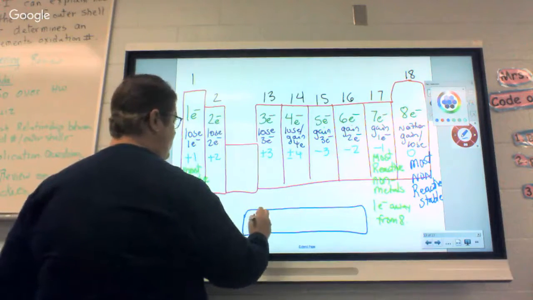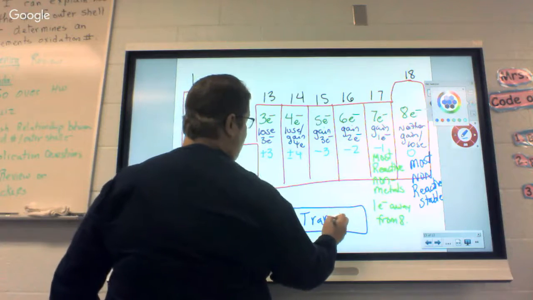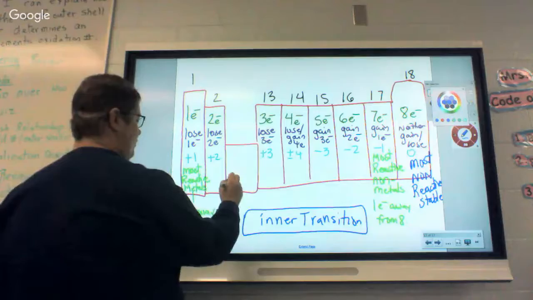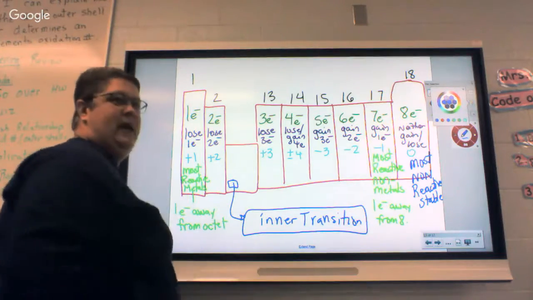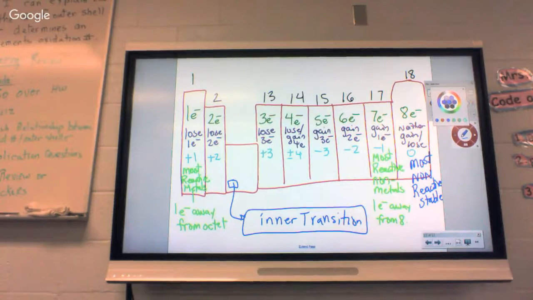So this down here is an inner transition metal because it came from inside the transition metal. They were cut out of that little spot right here and moved down. That's what they mean by inner transition. They were inside the transition and they got moved out and moved to the bottom. So that would be D. All right, the most common oxidation number is -2, so that would be G.